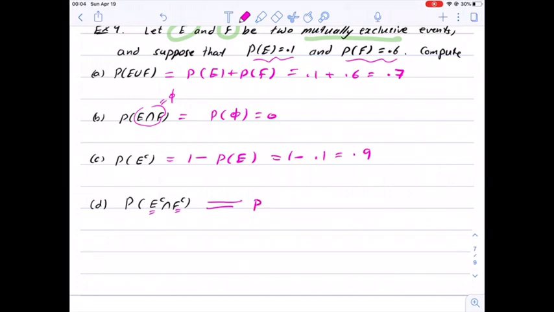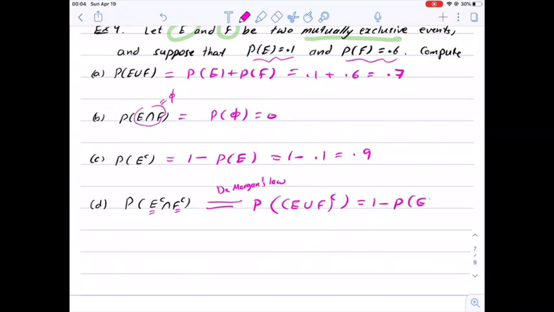So from this we find that this is the same as probability of E union F all complement. This is De Morgan's law.